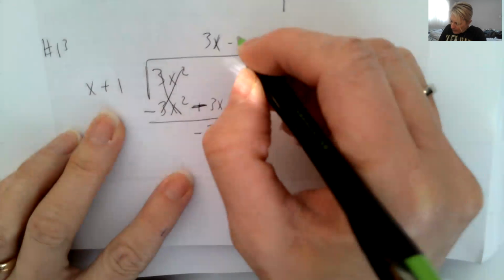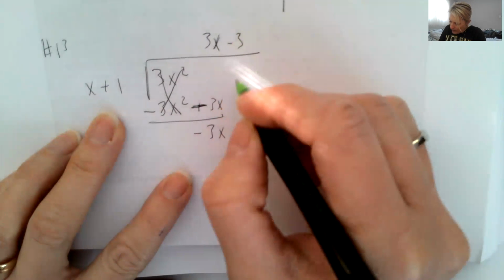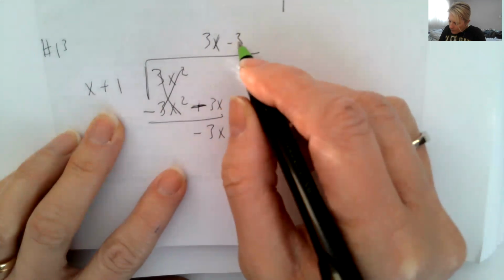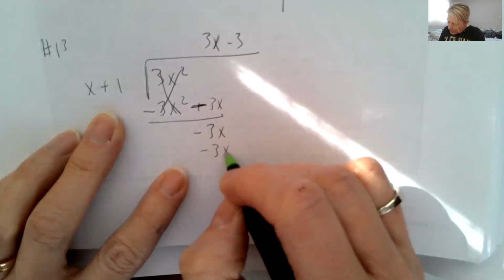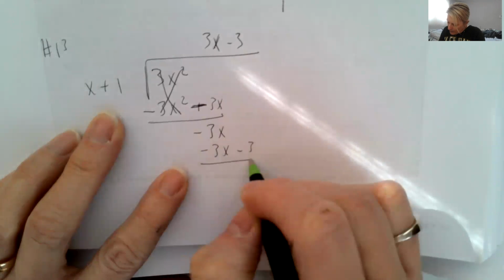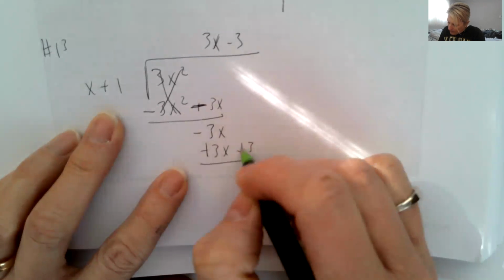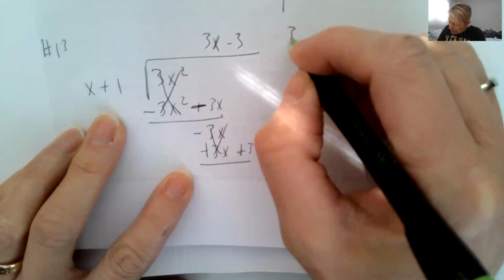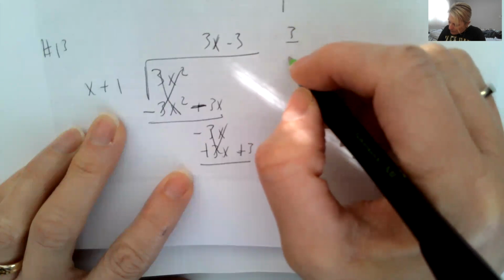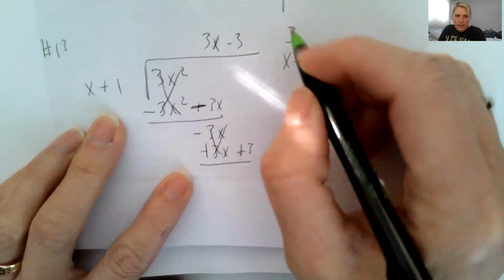So we have to multiply by negative 3. So this will be a negative 3x minus 3, plus and plus, and then those add out. So this is it with a remainder of 3 over x plus 1.